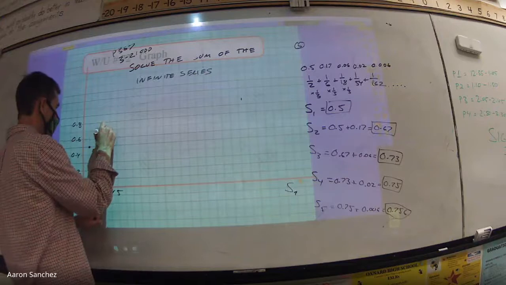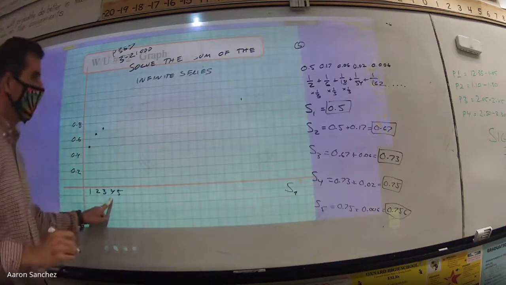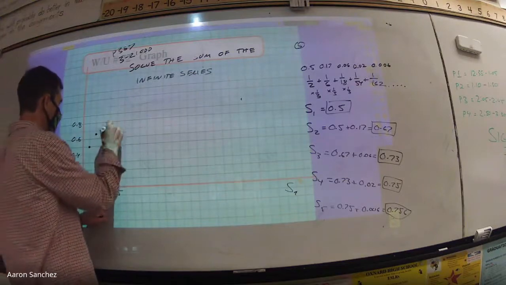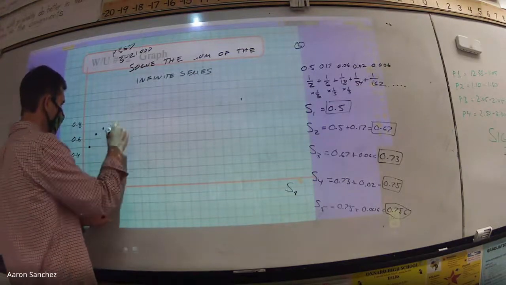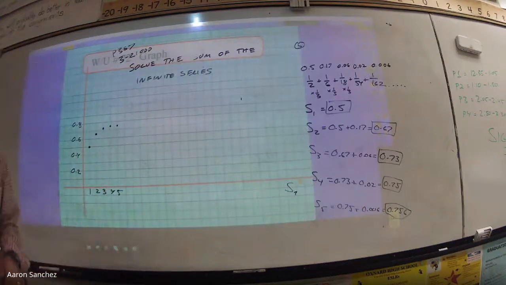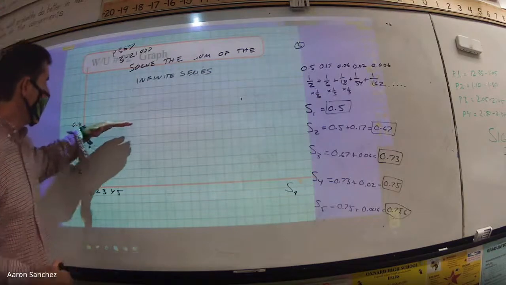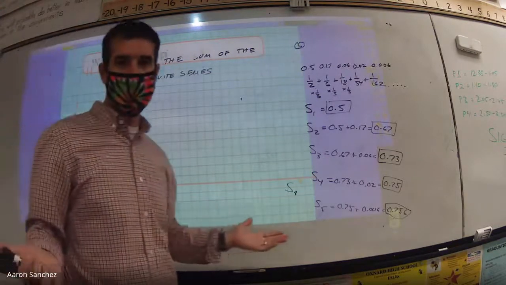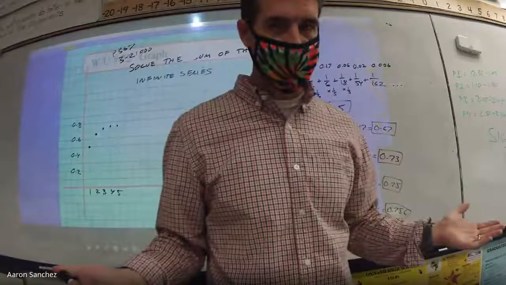Then I add the fourth term, 0.75, and I'm right here. Then I add the fifth term, and I'm still at 0.75. Notice it's probably going to stay close to 0.75. It will not get past 0.77 or 0.76.